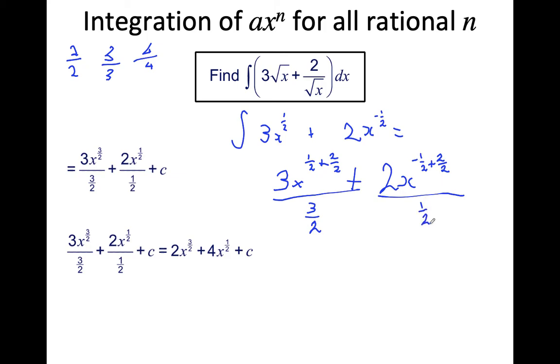Now, there's a quick trick when you are integrating and you have a fraction on the bottom. You can either put into your calculator 3 divided by 3 over 2, and that will give you your answer. But what I do is I take the denominator of the fraction and I move that up to the numerator. This is how dividing by a fraction works. Again here, you take the denominator of the fraction and you're going to move that up.